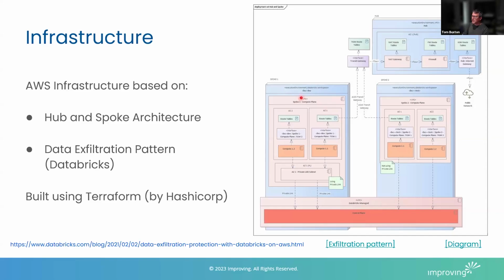The hub is connected to individual spokes. Each spoke represents the compute plane of one workspace. They're connected through transit gateway. I'm not going to go into the details here, but we basically have availability zones within our spoke. Usually there's at least 2 of those. There can be more.